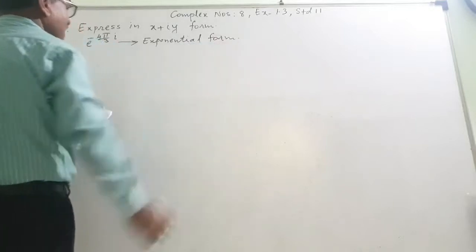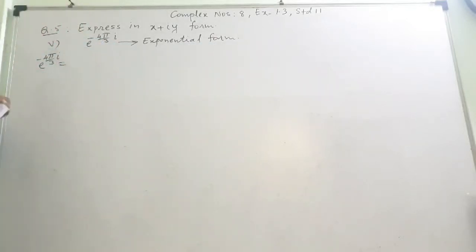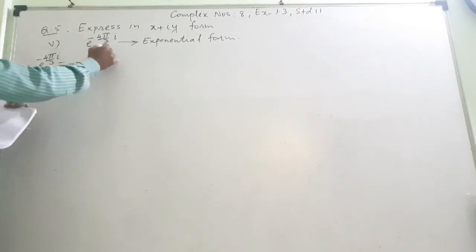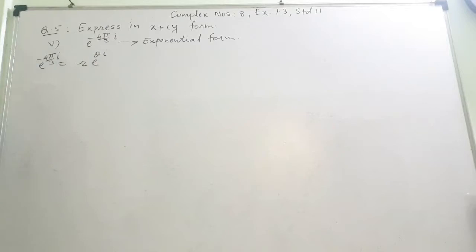Complex numbers are expressed in the exponential form as r into e raised to theta i. This is the way of writing. I have taught you in one sum. So what is r? 1. Theta is how much? Minus 4 pi by 3. Understood this? It is of the exponential form.